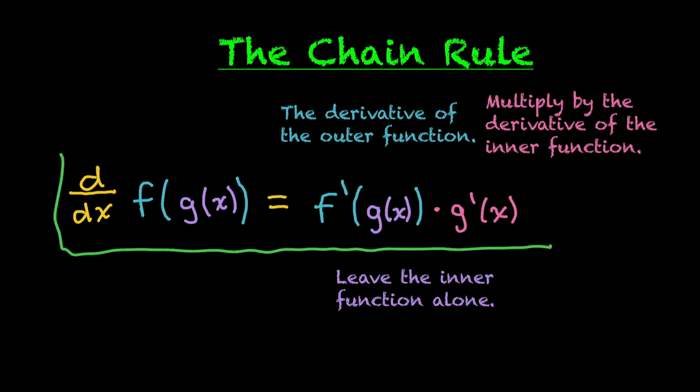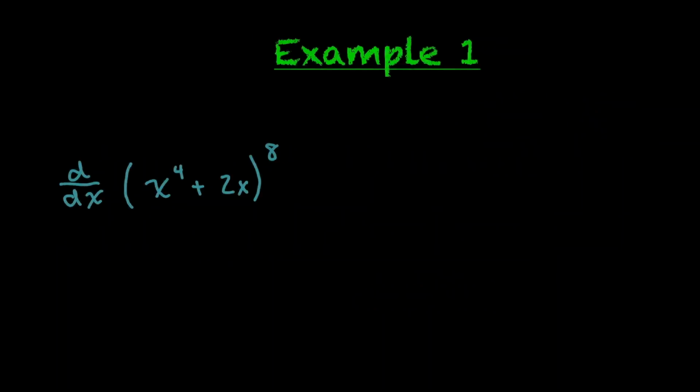As you can see, the notation of the chain rule can look a little scary at first. So what we really want to do here is anchor this with some examples. So let's dive into our first example. Here we have the derivative of x to the fourth plus 2x, all raised to the 8th power. In this problem, we have an 8th power, like x to the 8th, but it's not just x to the 8th, it's a whole other function, x to the 4th plus 2x, which is being raised to the 8th.